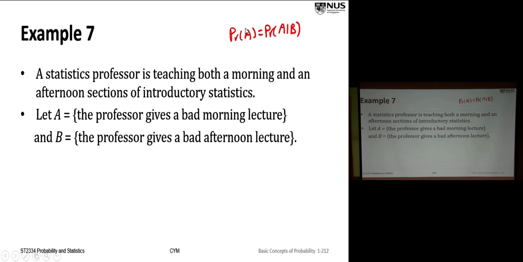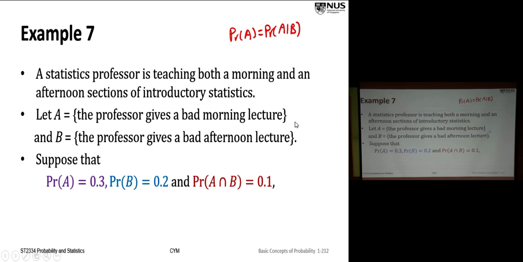Here we are given, and we don't question how to get them, but suppose we are given these probabilities: event A, event B, and the intersection of the two events. By the way, don't just write down probability of A without saying what event A means.